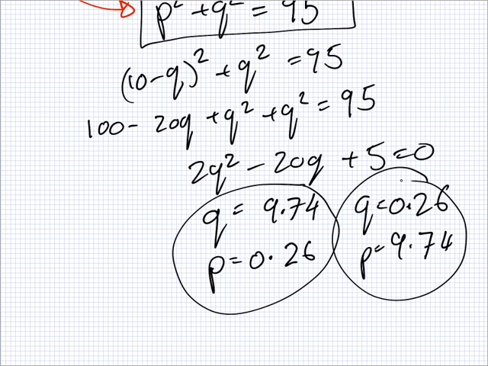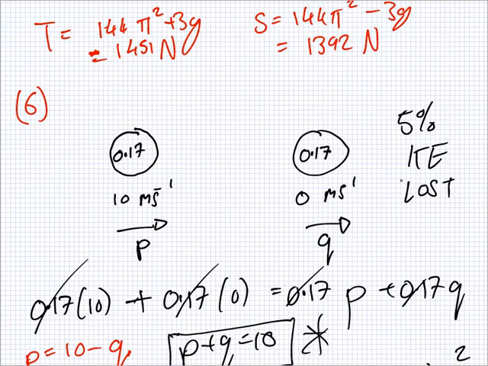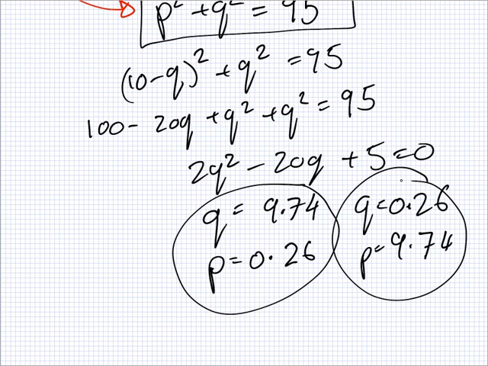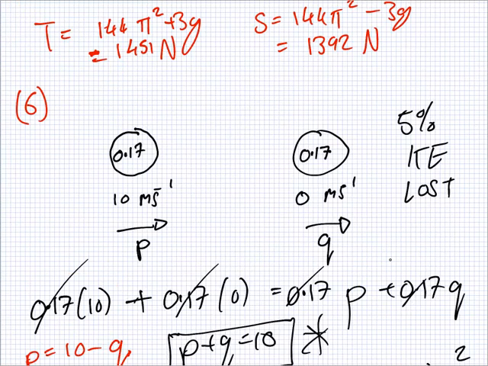Now, we might have to go back to our picture to figure out which is the right one. So, what do we think? In other words, which do we think is bigger? In this case, the Q is bigger, and in this case, the P is bigger. So if we look back, which one do you think will be bigger after the collision? Yeah, because when the white ball hits the red ball, it smashes the red ball, which flies away, and then the white ball is left to move slowly afterwards.